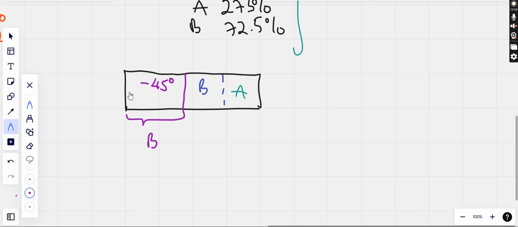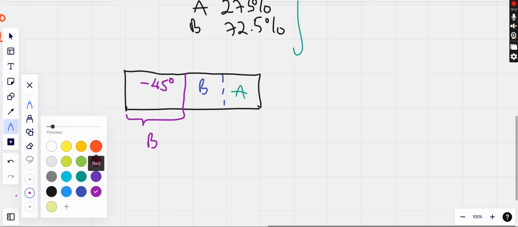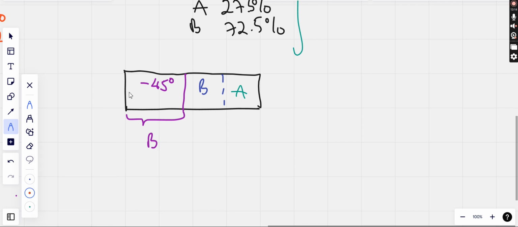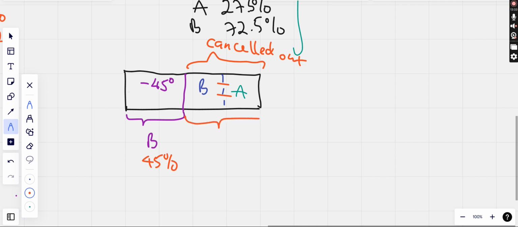Since the observed rotation is 45, it means that this whole entire term gets cancelled out. Thus, these two should be equal to each other. So if B here is already 45%, this portion here should be 100 minus 45, which is 55. Then 55 divided by 2 is 27.5.